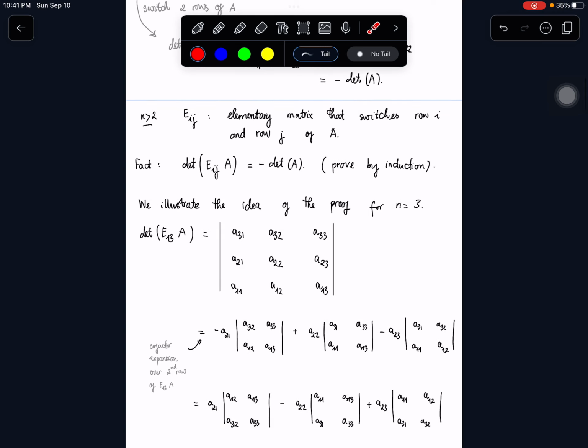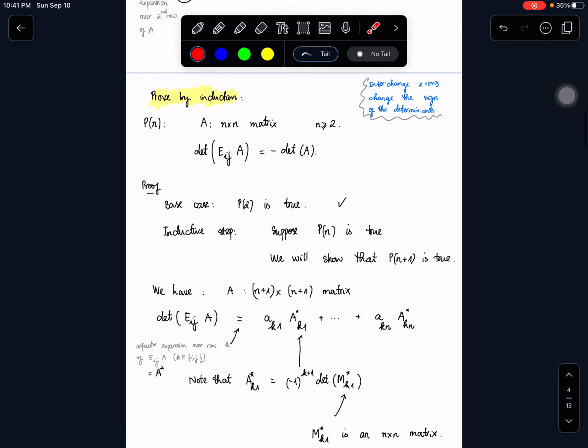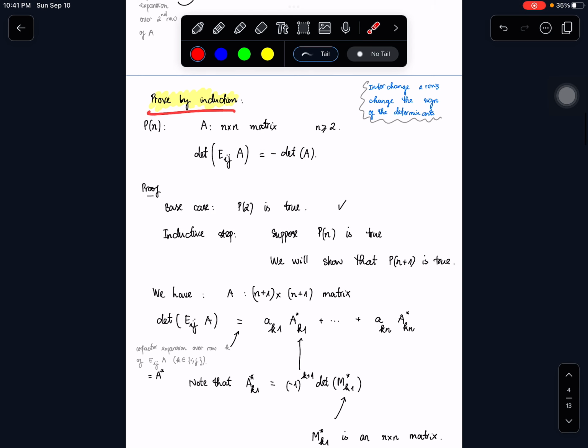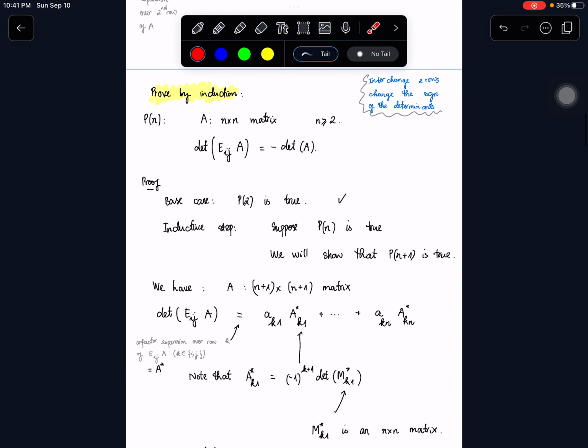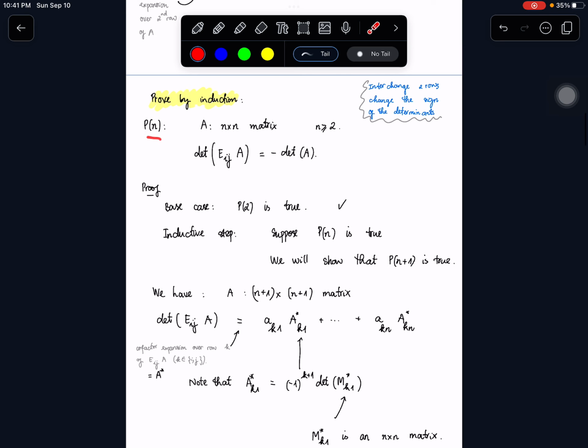And the proof will be exactly the same for bigger n. So here is a proof by induction. We start with the first step, the base case. So Pn is a statement with variable n.